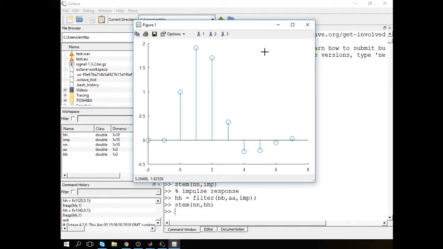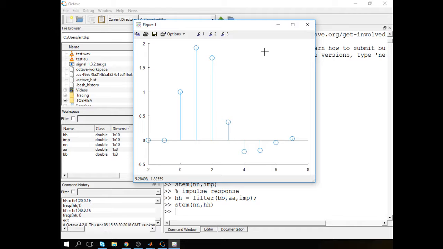So if there is anything after the nth delay, where n is the order number, then it's IIR. Okay, the feedback itself doesn't guarantee that the system would be IIR. The feedback doesn't say anything about it.